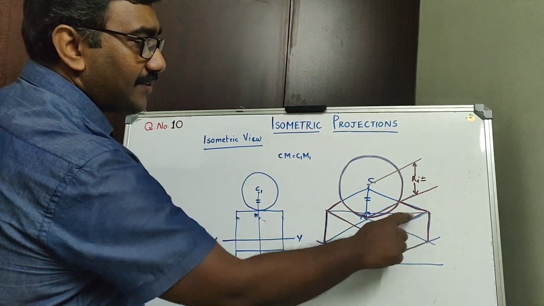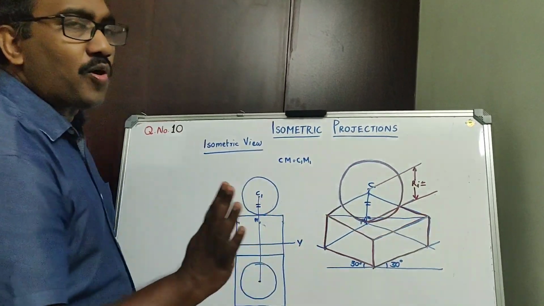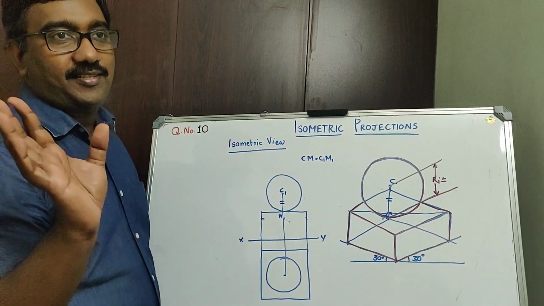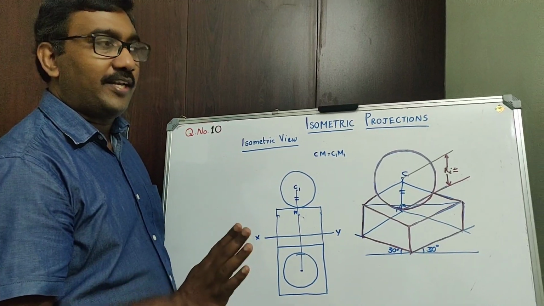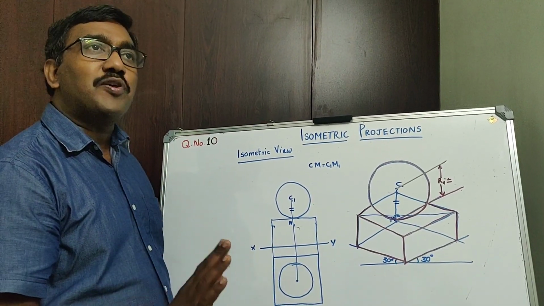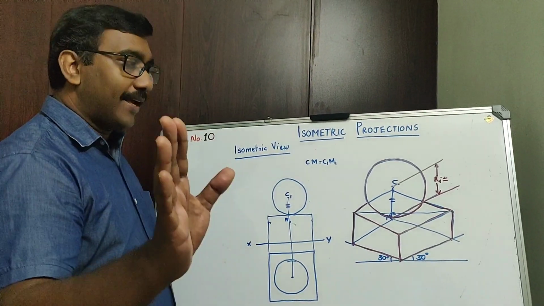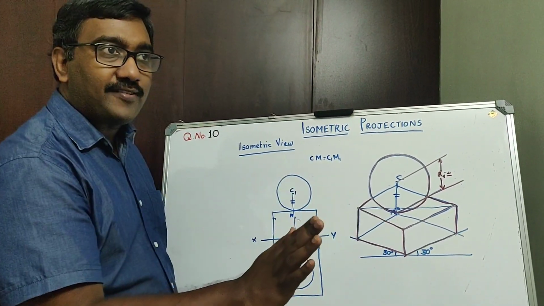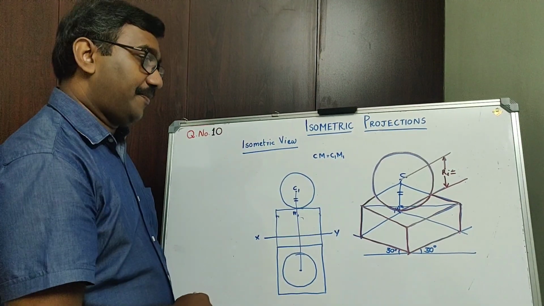Using the isometric axis, you have completed the square slab. The dimensions are, again I am saying, actual dimensions. As we know, in isometric view, we are using actual dimensions. There is no change in that. For the square slab, you can complete the square slab with actual dimensions.